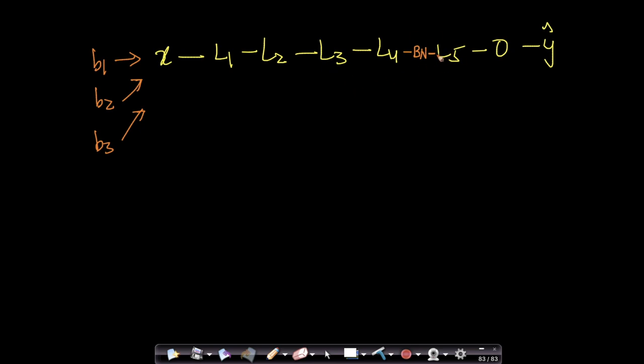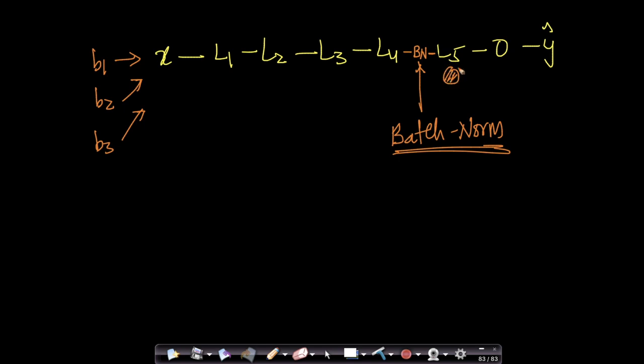It's a new layer. What I do in the batch normalization layer is, whenever I get a batch of inputs, okay, as the name suggests, this is a batch normalization layer. Whenever I get a batch of inputs, I normalize just that batch. Okay, now what happens if I normalize this batch?